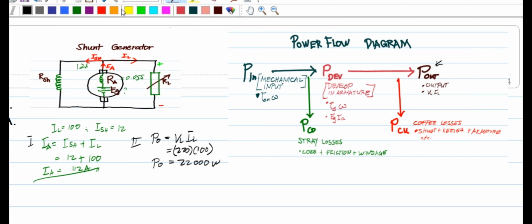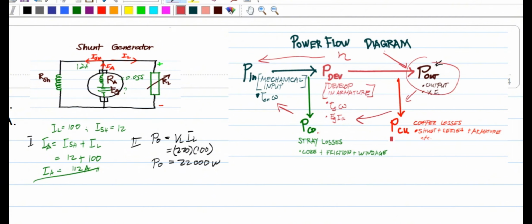The efficiency of the machine is simply the P out over the P in. We already have the P out, and we are going to find the losses. P out plus PCU, or the copper losses, plus the core losses is equal to P in. The total losses, the copper loss and the core loss, are still missing.